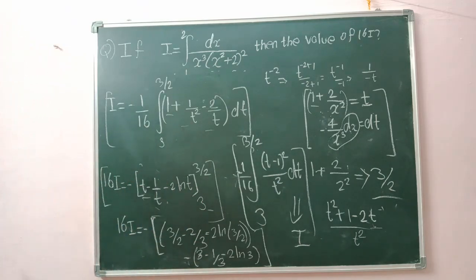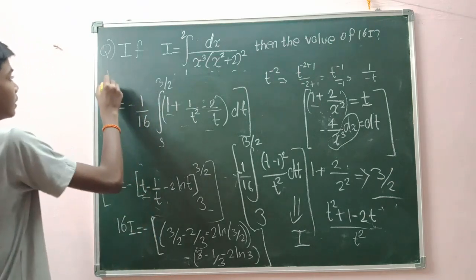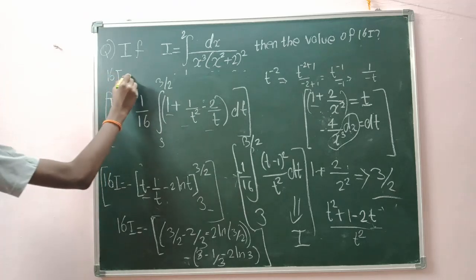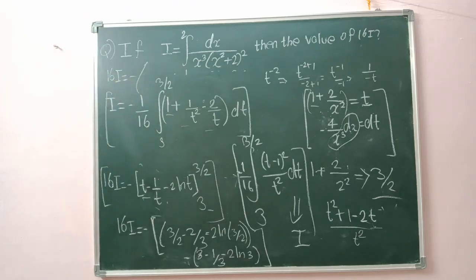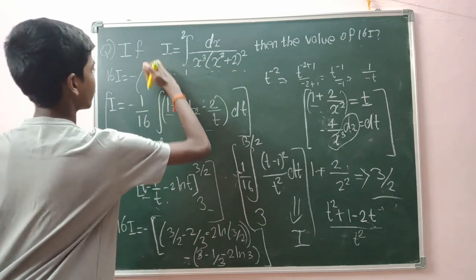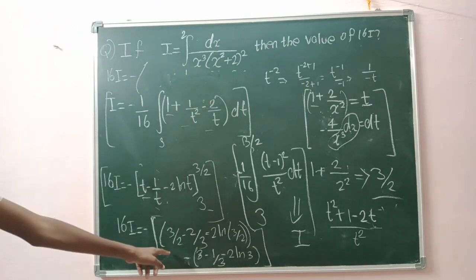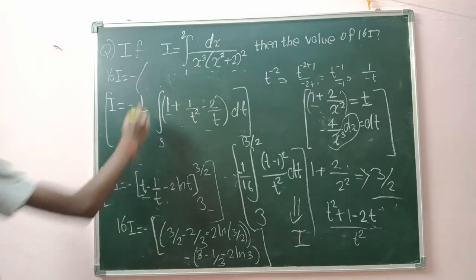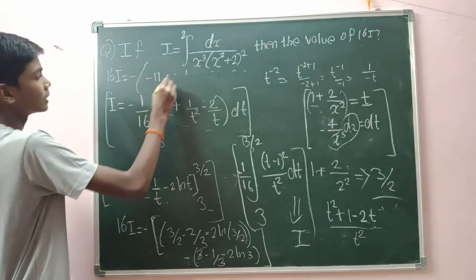So basically, 16I will be equal to minus of 3 by 2 minus 2 by 3 minus 3 plus 1 by 3, that will be minus 11 by 6.